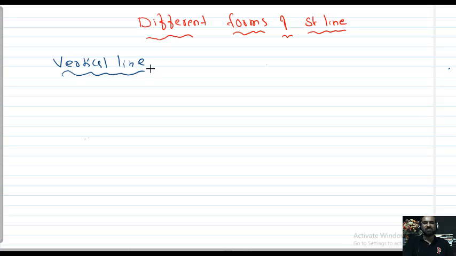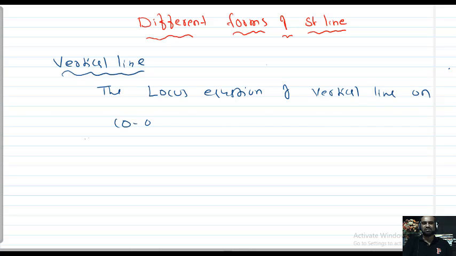Okay, directly I want to write the locus equation of a vertical line on the coordinate plane is the vertical line x equal to k.